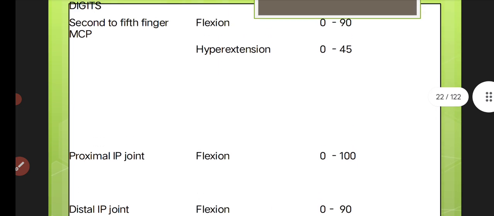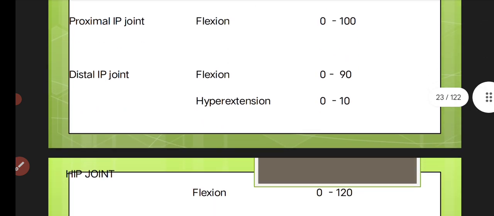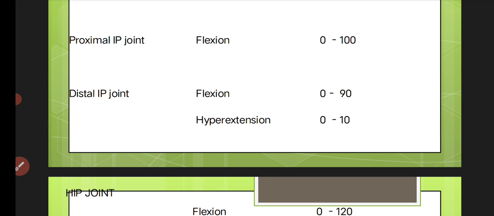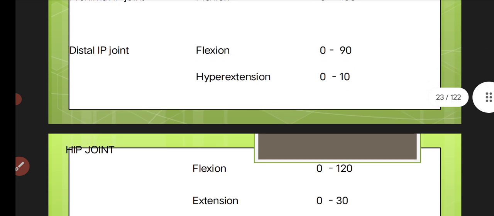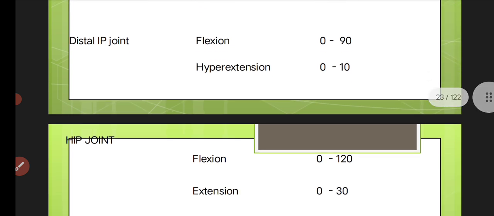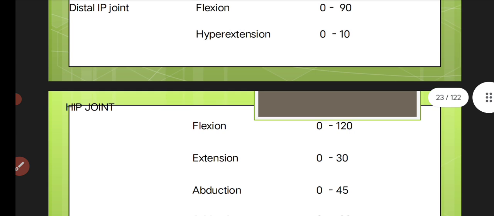In case of digits, second to fifth finger metacarpophalangeal joint, flexion 0 to 90 degrees, hyperextension 0 to 45 degrees. Proximal interphalangeal joint, flexion is 0 to 100 degrees. Distal interphalangeal joint, flexion 0 to 90, hyperextension 0 to 10 degrees.